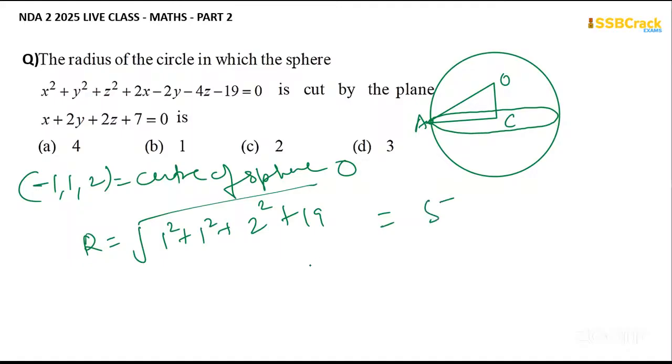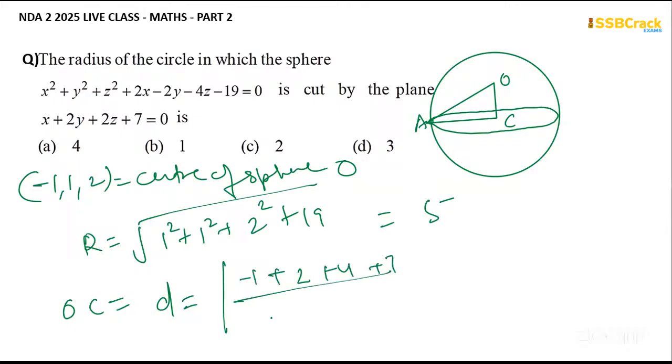The perpendicular distance from the center to the plane is given by OC, as you can see from the figure. Let's say it is D. Then it is (minus 1 plus 2 plus 4 plus 7) upon root of 1 plus 4 plus 4, which is equal to 12 upon 3, which is 4.